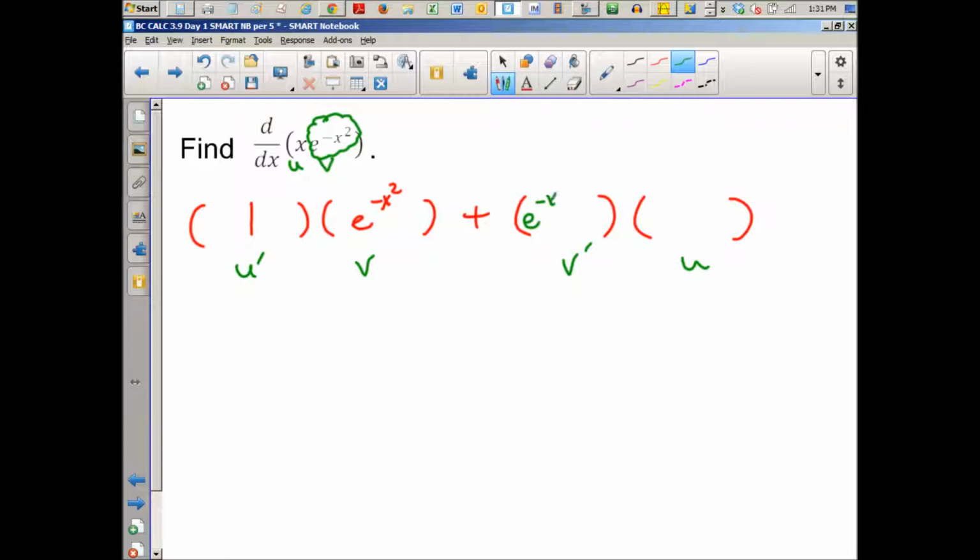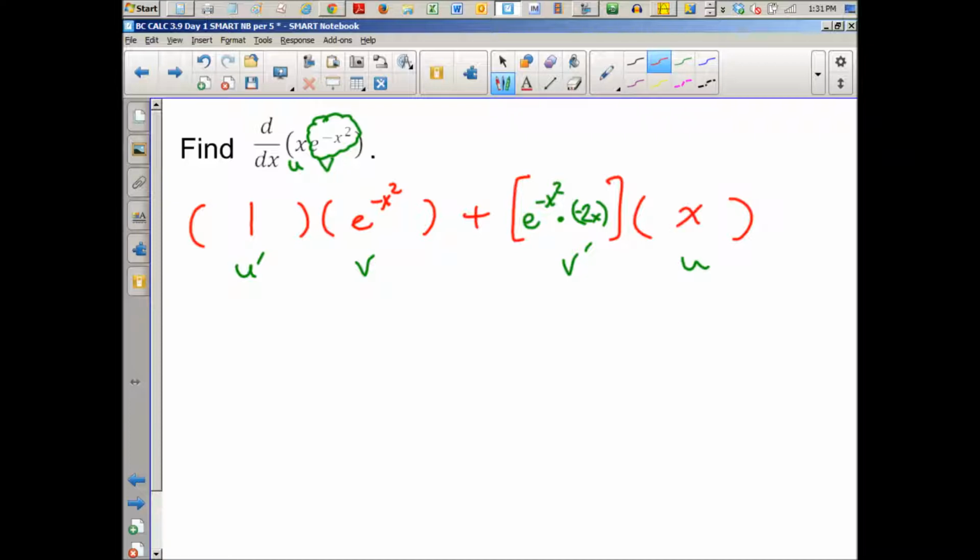It's going to be part of your answer. The question is part of your answer. Times, and then what's the derivative of negative x squared? Negative 2x. Okay, kind of makes me wish I had more parentheses and maybe even some brackets here. Let's make these brackets now. And then we just have u, that's just copy and paste from up above, so that's just x.